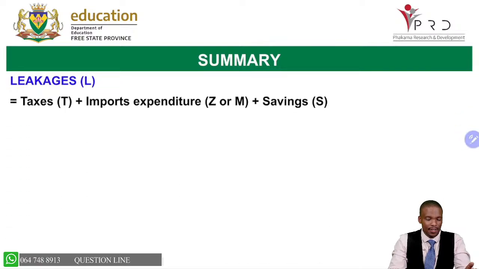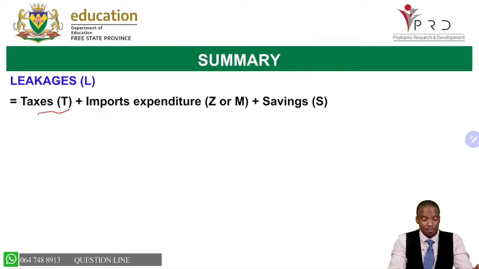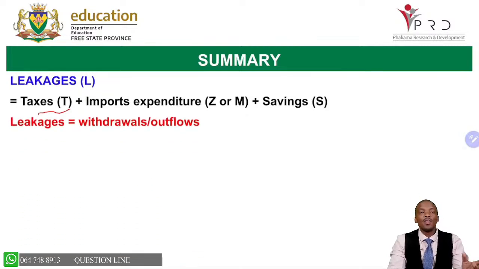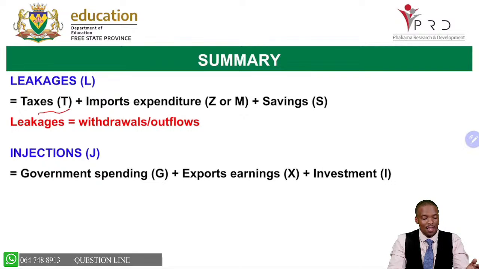All right. So in summary, leakages are the taxes, the import expenditure, as well as the what? The savings. Then we said the leakages relate to the withdrawal of money or outflow of money from the circular flow or from the economy. The injections on the other side are the government spending, export earnings, as well as what?